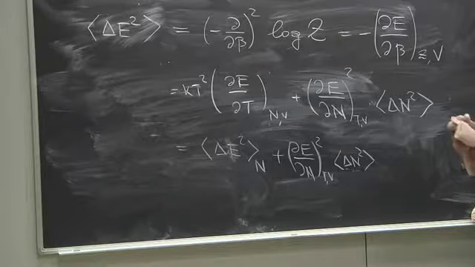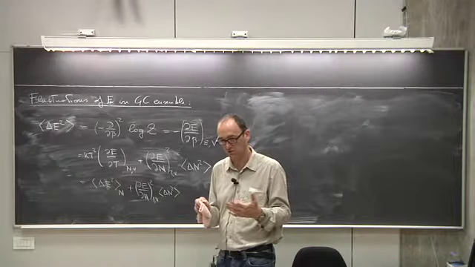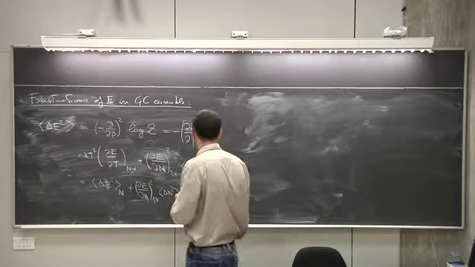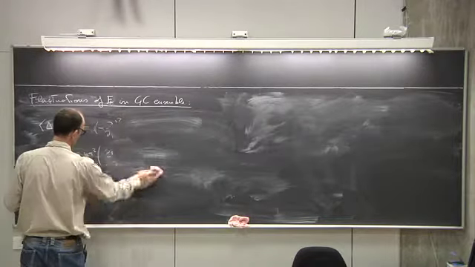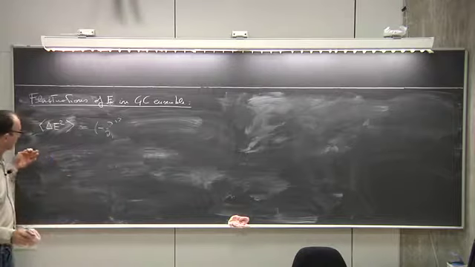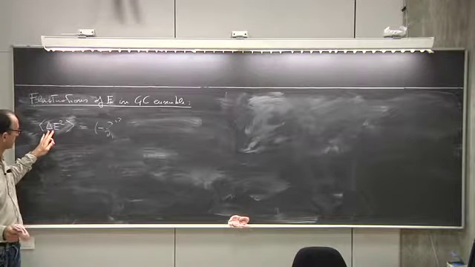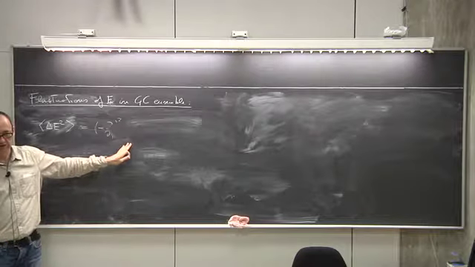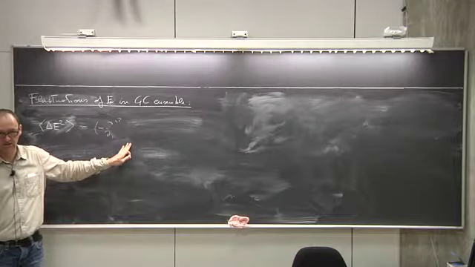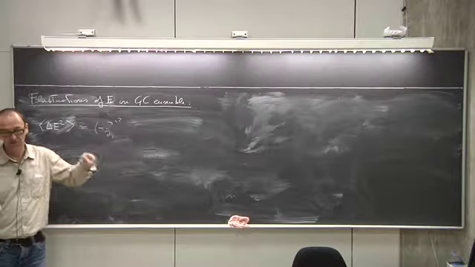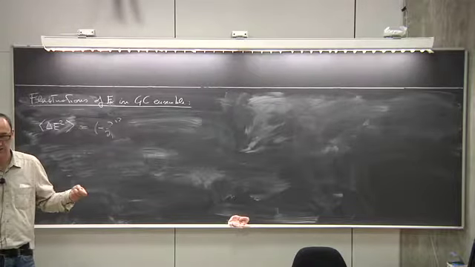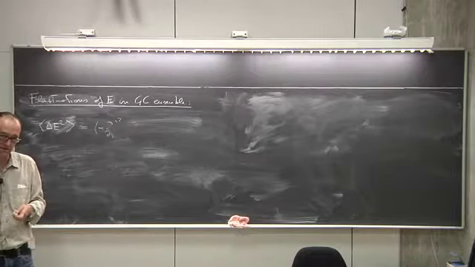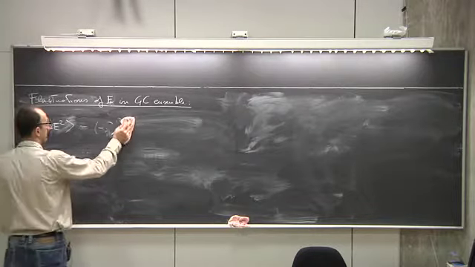So the change in energy will be just the change due to the change of temperature, or the heat. In this case, the fluctuations of the energy are always related to the specific heat, in this case at constant chemical potential. And when you heat the system, it will also do chemical work, because it will exchange particles with the heat bath. Okay, and you have to take this into account.